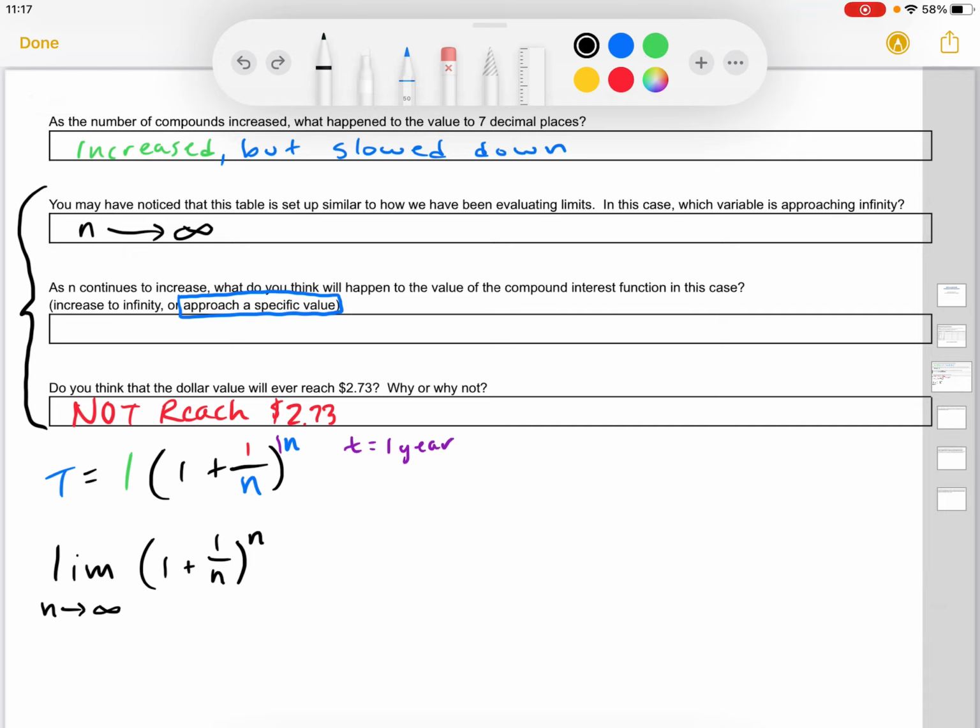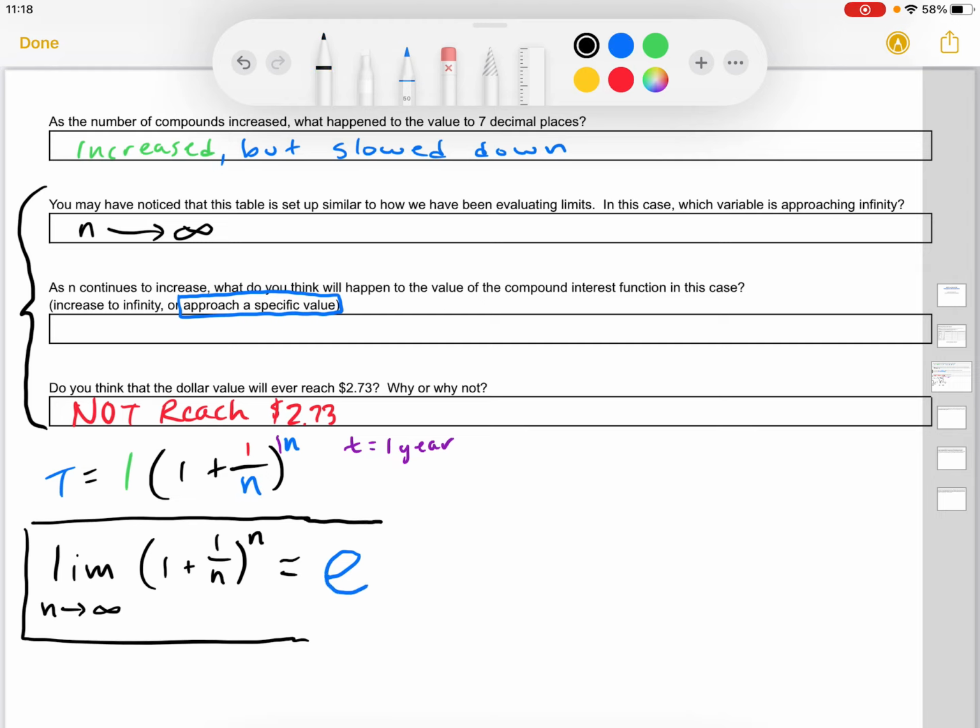So this is kind of what our table was evaluating, right? And this is equal to a brand new number that you have not necessarily seen before. And this is the specific value that we approach. Okay? The specific value we approach is the number e.